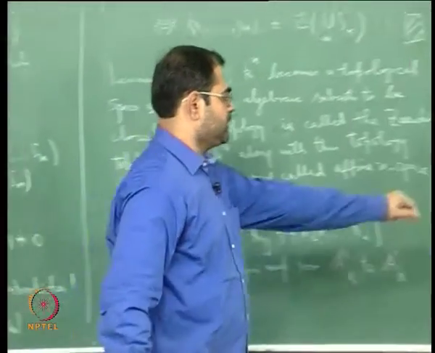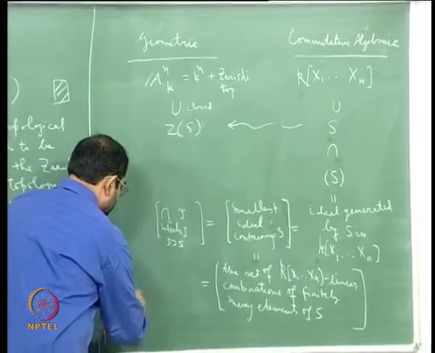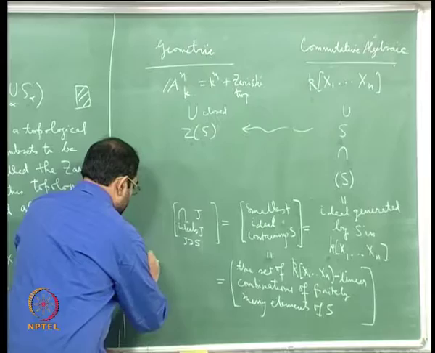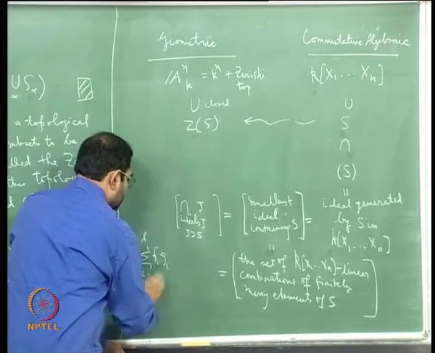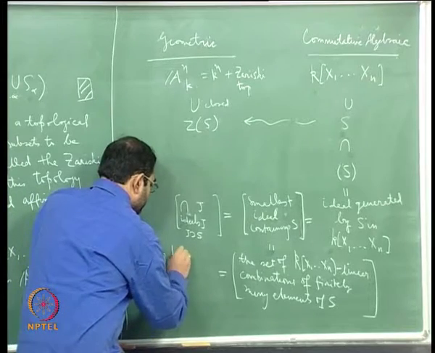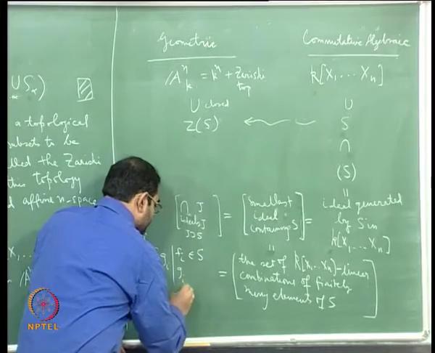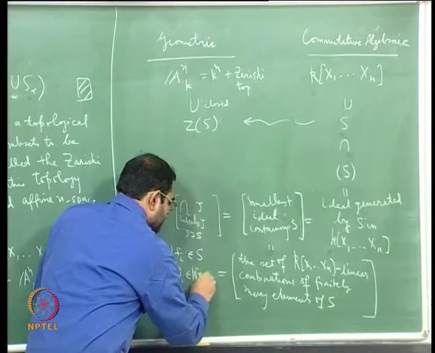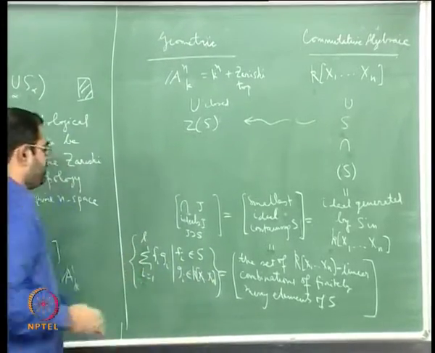And of course, what does this mean? This means that this is the set of all elements of the form sigma f_i g_i, i equal to 1 to l, where the f_i are in S and the g_i are in K[x1, ..., xn].